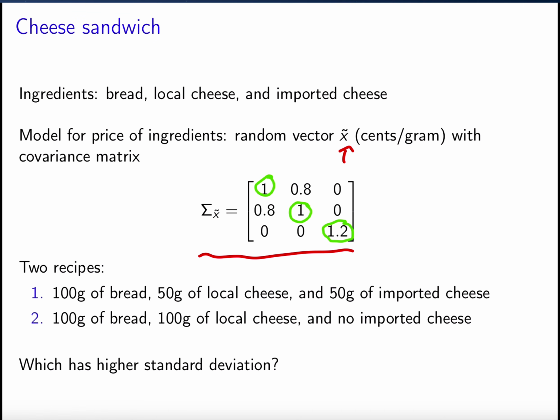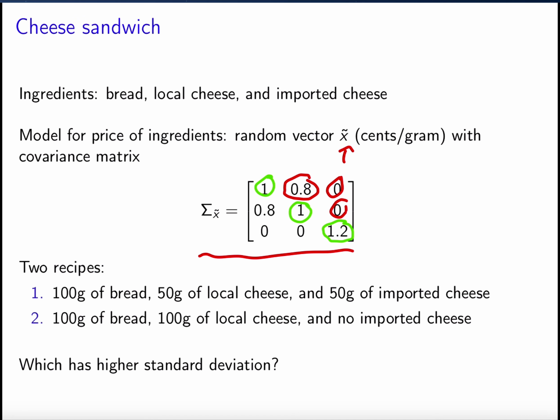Something else that is important to realize is that the covariance between the bread and the local cheese is actually very high, because the bread is probably also baked locally, so maybe the local economy is very important for this, whereas the price of the imported cheese is actually completely uncorrelated with either the local cheese or the bread, because again, probably the bread is baked locally.